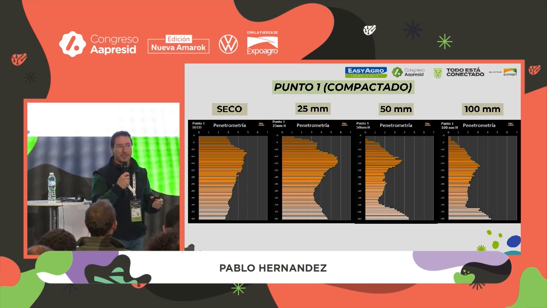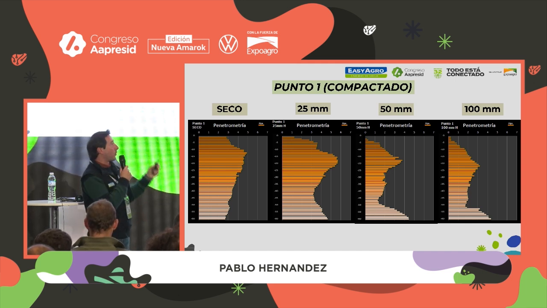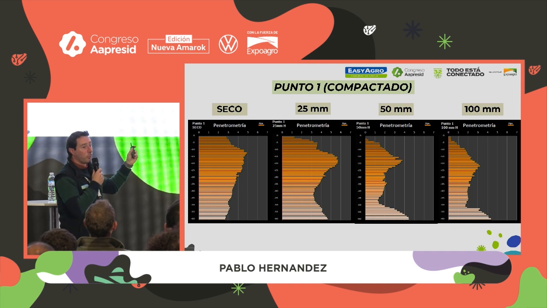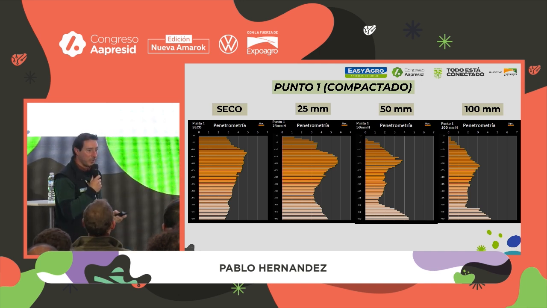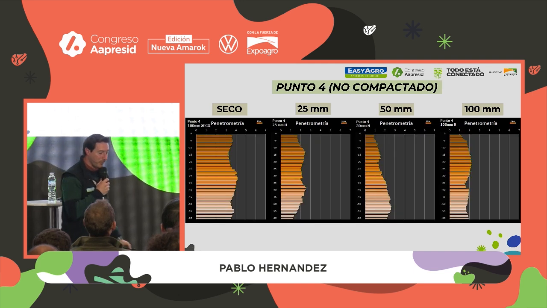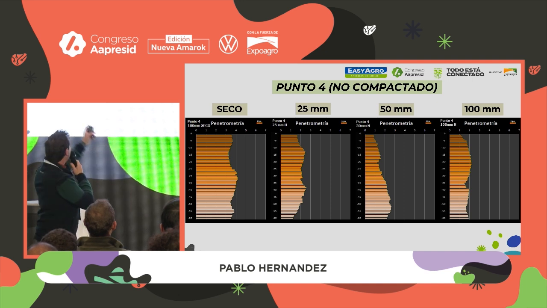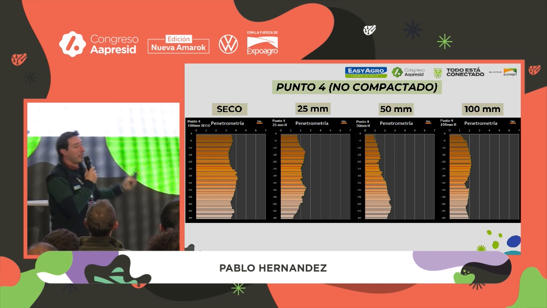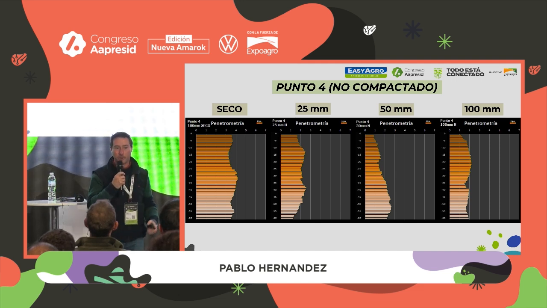So the ideal thing would be to do the penetrometry in the field. It is important to understand how the soil has resistance, but once you go deeper, that resistance no longer holds. And even though the soil is dry, when there is compacting, resistance is continuous.